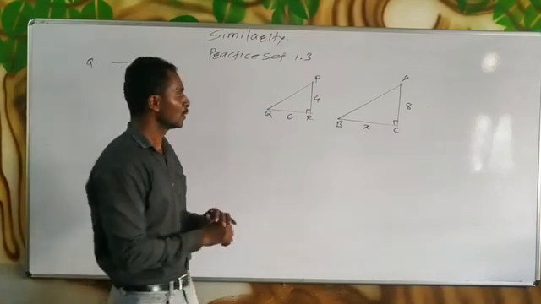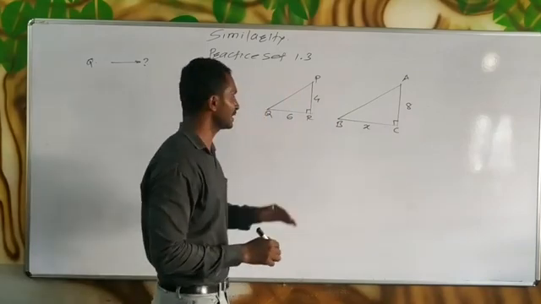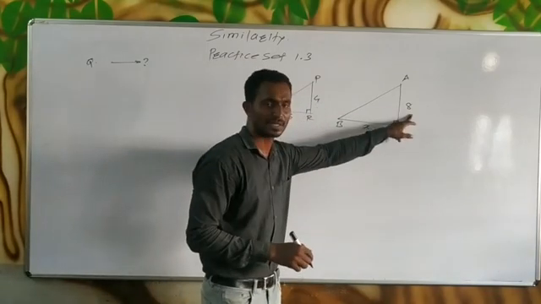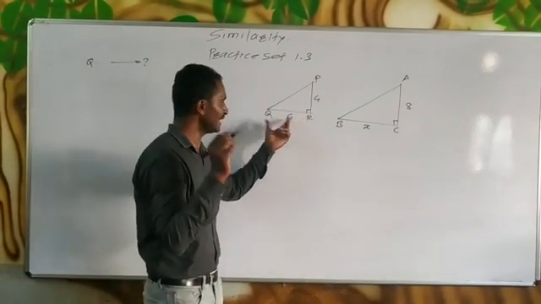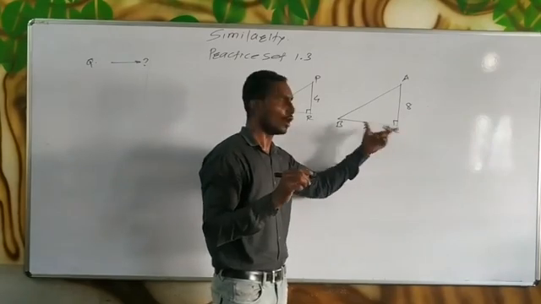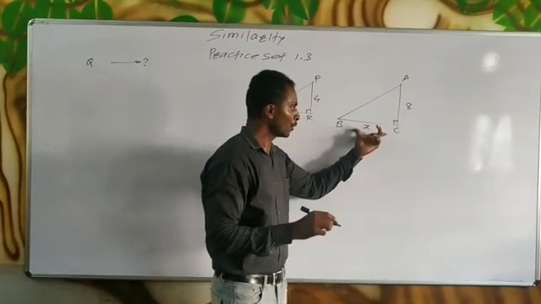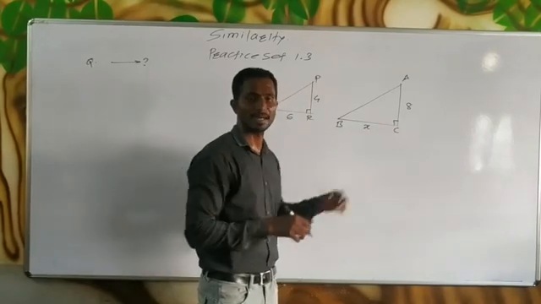We have two different poles perpendicular to the ground with heights 4 meter and 8 meter respectively. The shadow of the smaller pole due to the sunlight is 6 meter, and we have to find the shadow of the second pole, of height 8 meter, at the same time by the sunlight.